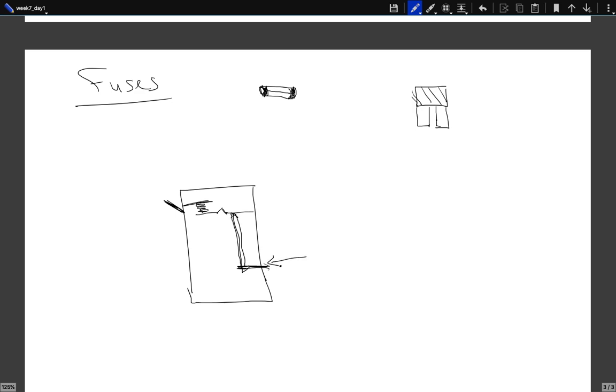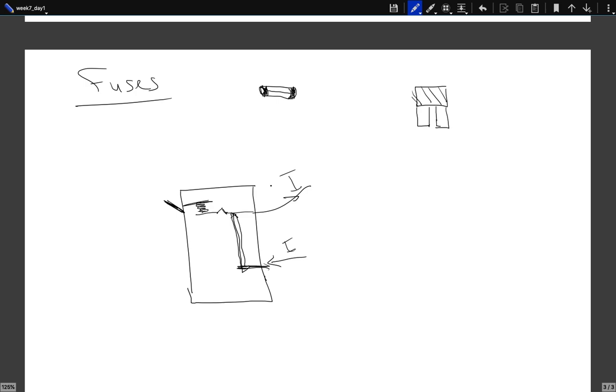So you send current through this wire and get the current out of this wire. So the current comes here and then leaves here. Everything is working fine. But as the current is running through your fuse, it heats up. And if the current is high enough, this will bend such that it comes over here.